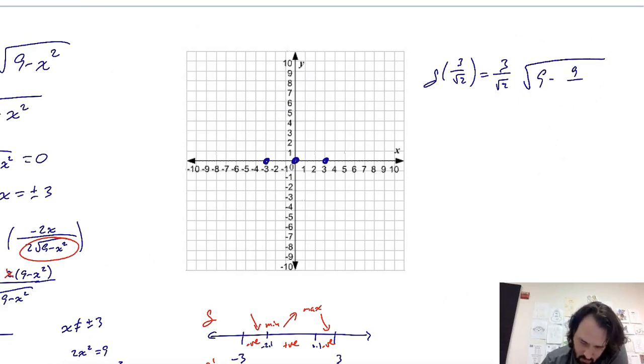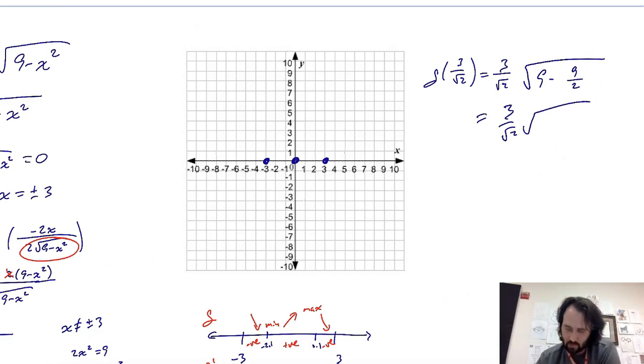All right, so that would be 9 over 2. So this would be 3 over root 2, root, because 9 minus 9 halves is 9 halves. So this is 9 over 4. 9 over 2, 9 over root 4, which is 9 over 2.